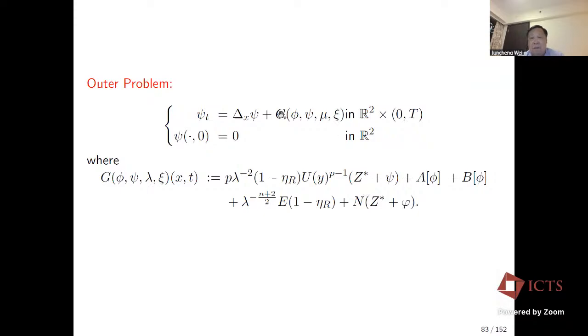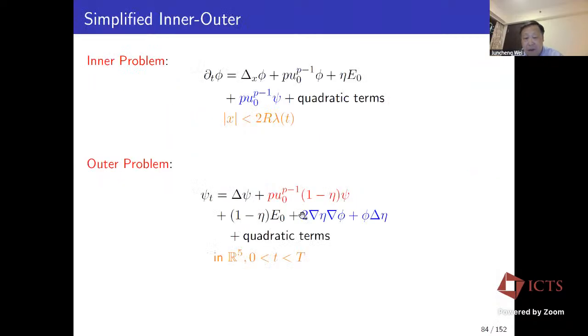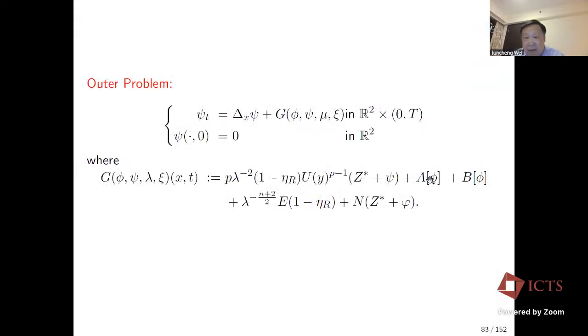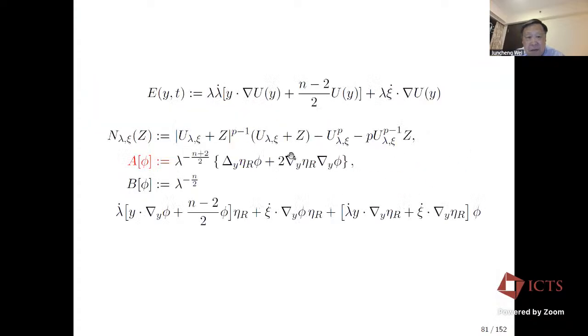And the outer problem, we put all the terms into the outer problem. So the outer problem contains the cutoff, the potential, and you have this A and B. What is B? A and B. So A is the cutoff function.